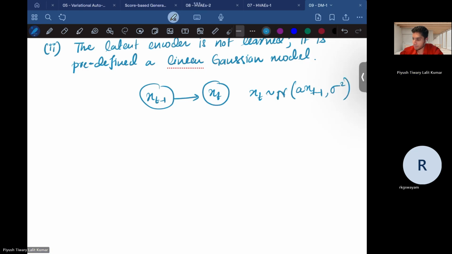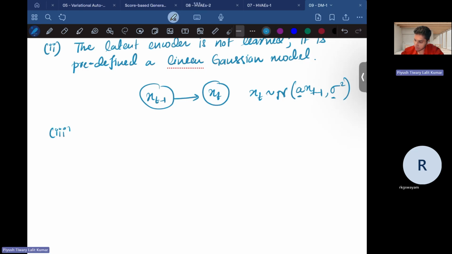So there is nothing to learn here because these parameters A and sigma are predefined. You'll see what these are. However, it's not deterministic either, because sampling from a distribution is not a deterministic process. There will be some stochasticity involved when you sample from this distribution. So it's a non-learnable yet stochastic encoder, okay?